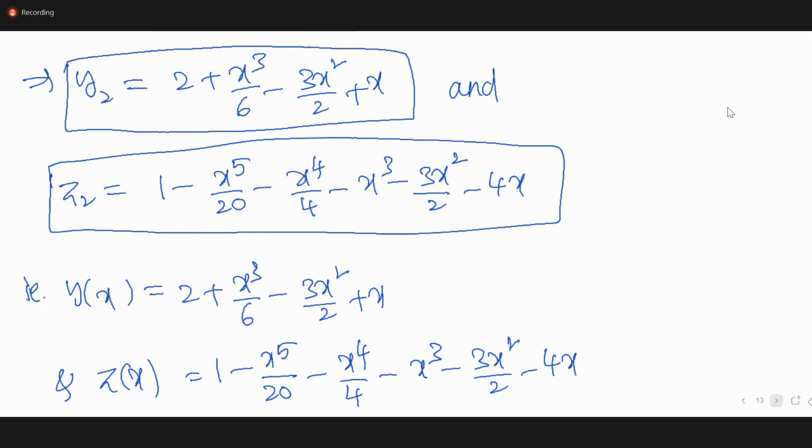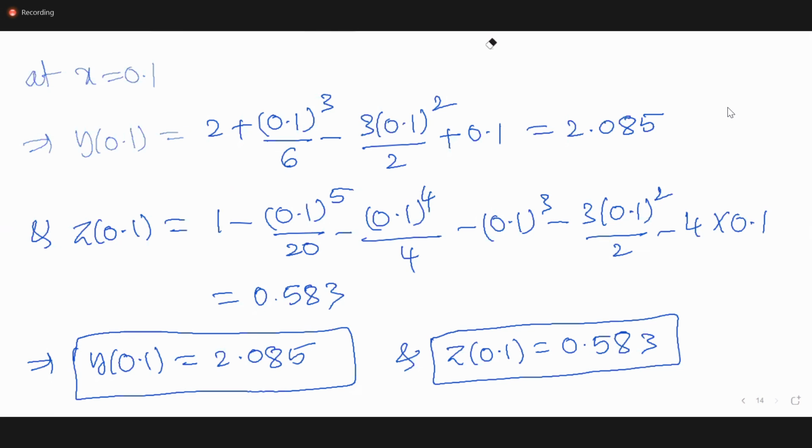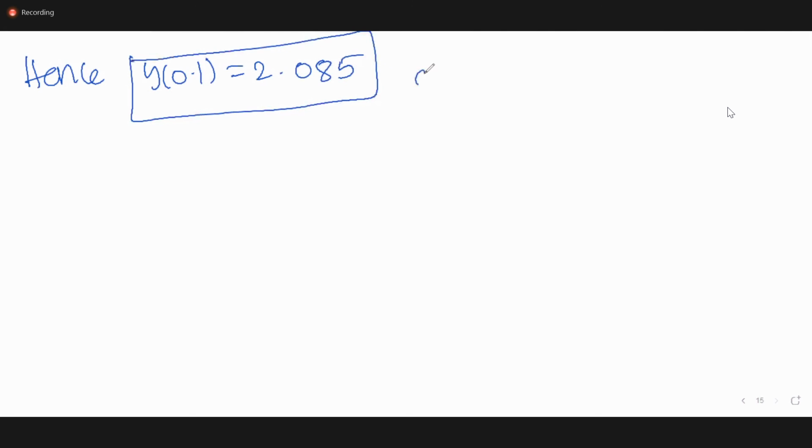So hence, what is y of 0.1? 2.085. And what is z of 0.1? 0.583. Hence y of 0.1 is equal to 2.085, and z of 0.1 is equal to 0.583.